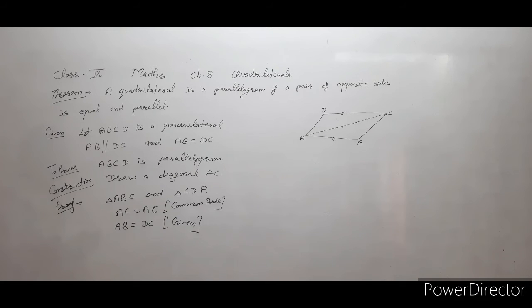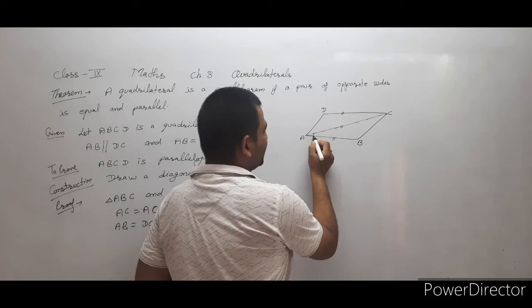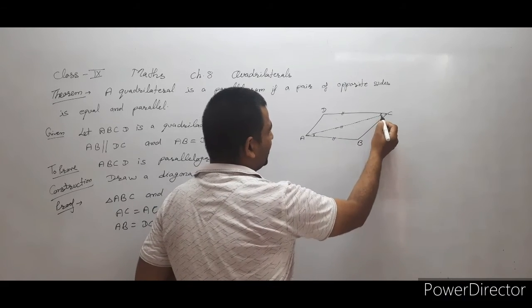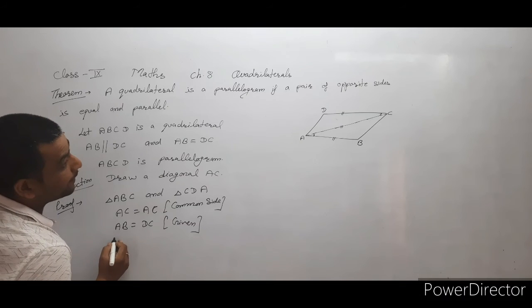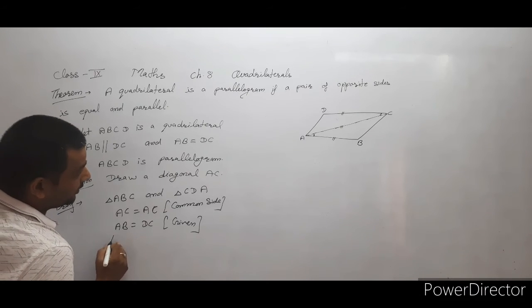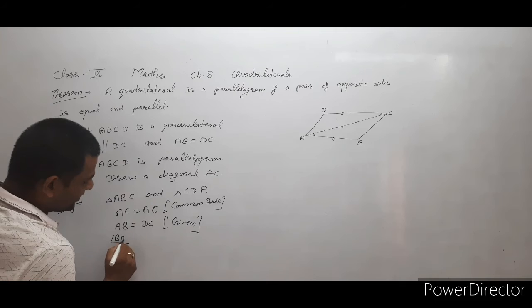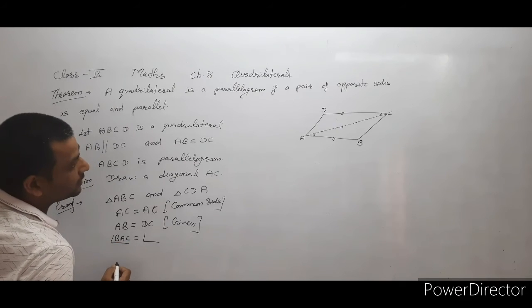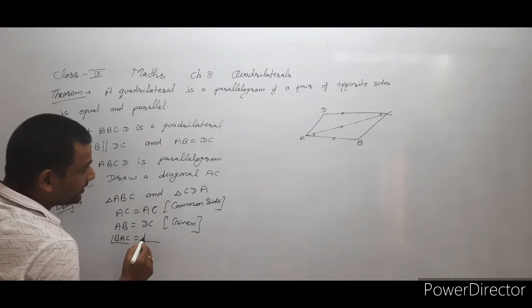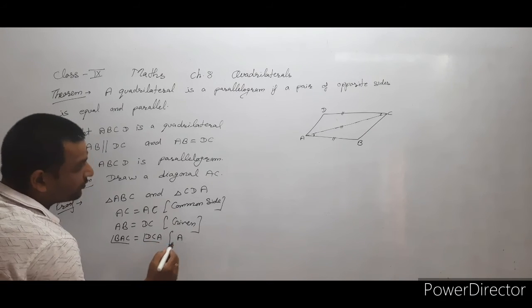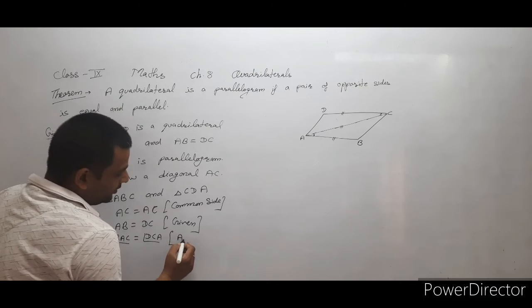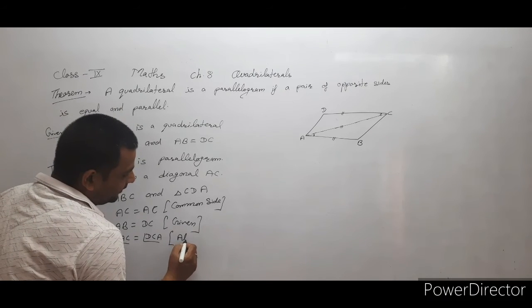And this angle and this angle are equal. That means angle BAC is equal to angle DCA because of alternate interior angles.